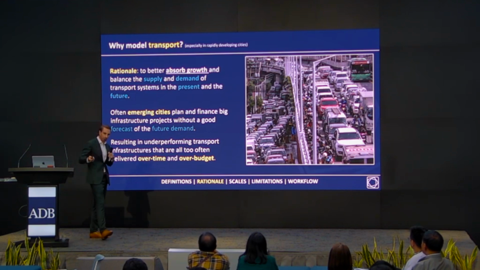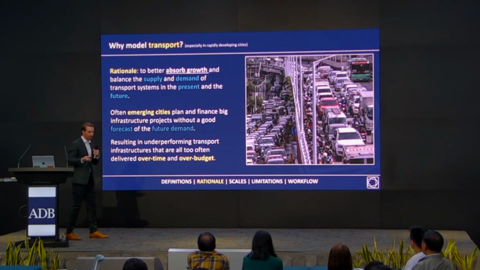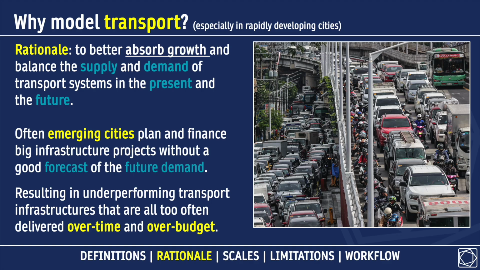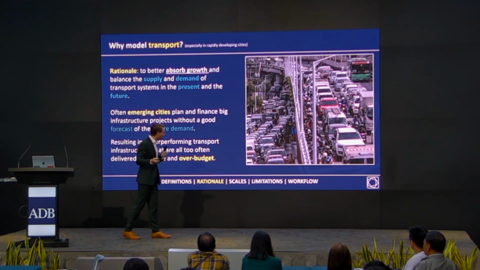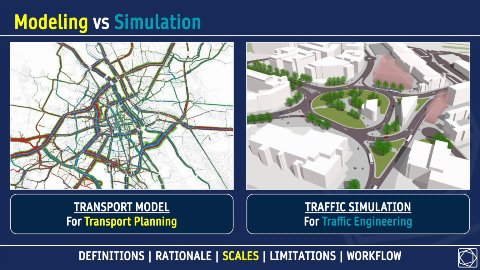And that's quite challenging because there's so many variables at play, and there are tools that can help you with that. Time and again, we see in rapidly developing cities, big infrastructures planned and financed without a good forecast of future demand. And that can often result in infrastructure projects that are delivered over time and over budget.